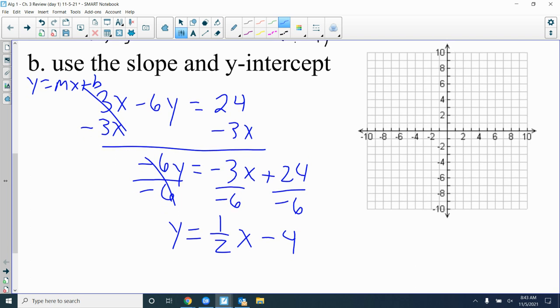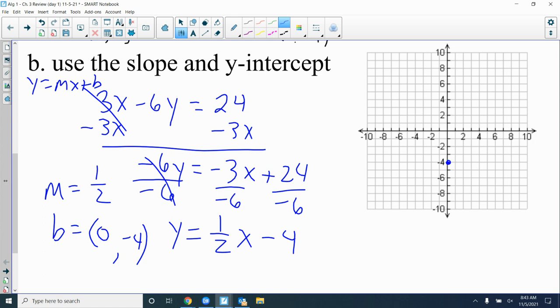Okay, what's my y-intercept? Always start with the y-intercept, right? So my slope is 1/2. What is my y-intercept, guys? We write it as a point. What is it? As a point. 0, -4. Go down to -4. There's my y-intercept.